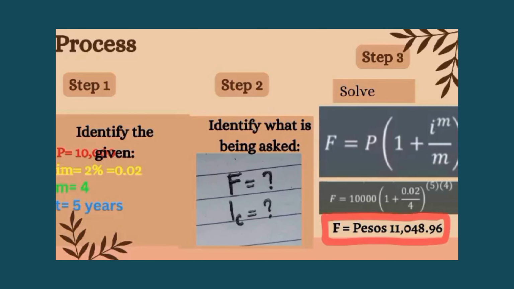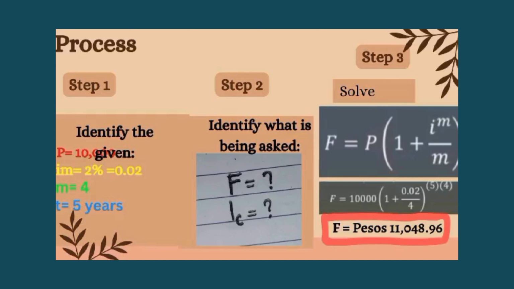First is the principal. So the principal here is 10,000. Next is the nominal rate, which is 2% or in decimal is 0.02. Next is frequency, which is 4, and the time is 5 years.